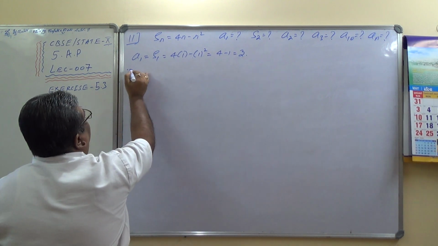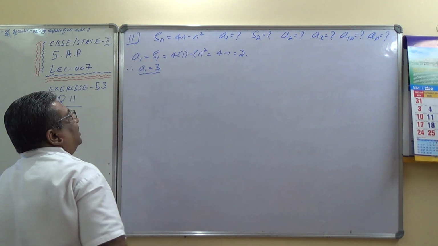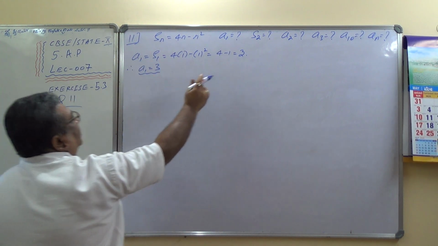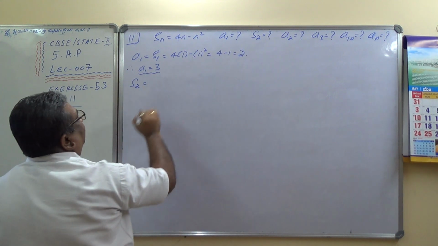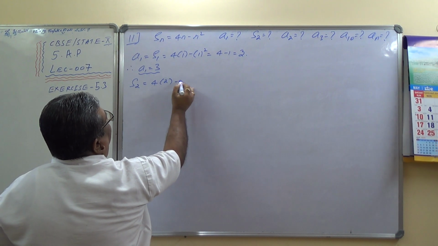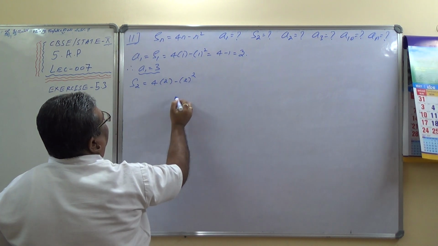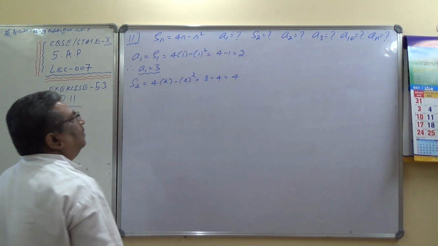And therefore first term A1 equals 3. We'll check the answer also finally. Next is S2, sum of first two terms. S2 equals 4 times 2 minus 2 the whole square, which is 8 minus 4, which is 4.